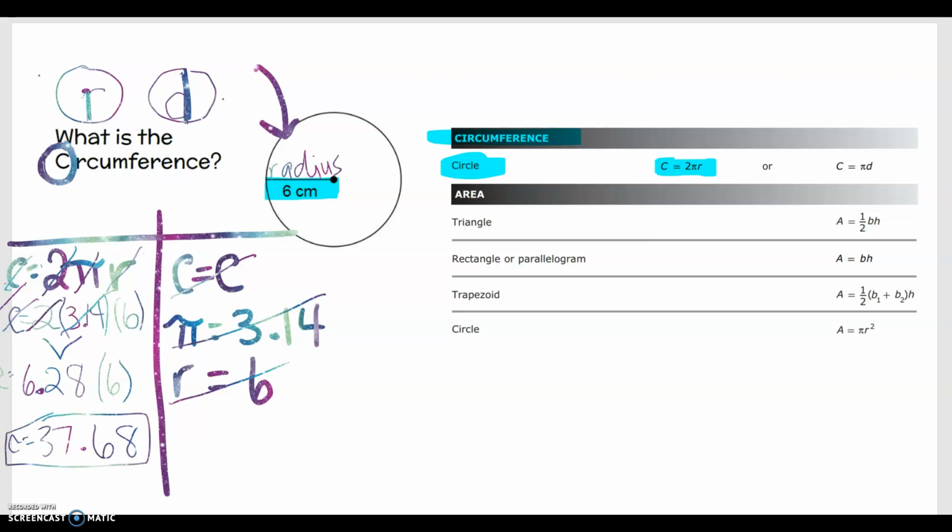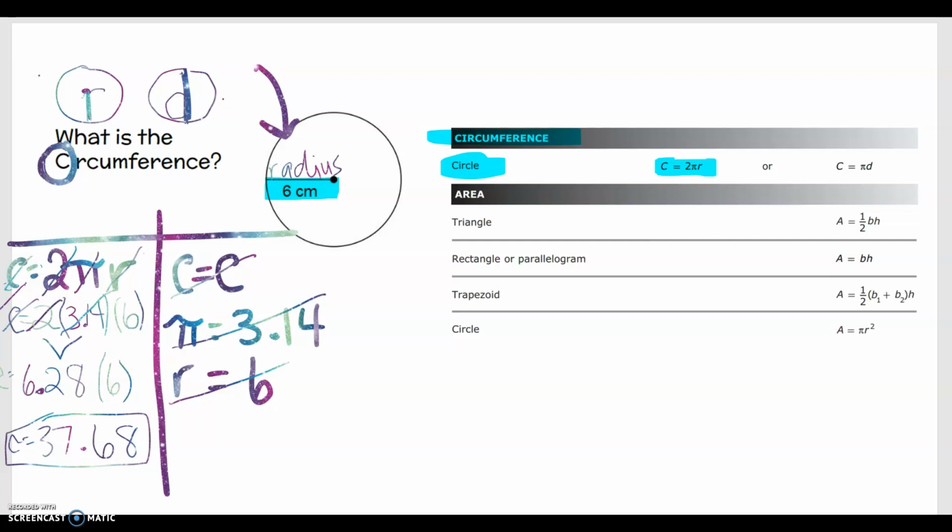Now, if you had used just 3 for pi, you would have gotten close. So if it was multiple choice, that's okay. But if it's a short answer, you have to know how to use the 3.14 as well. If you had used 3, it would have just been 2 times 3, which would have been 6 instead of 6.28. And then 6 times 6 would have been 36. So a little bit lower.